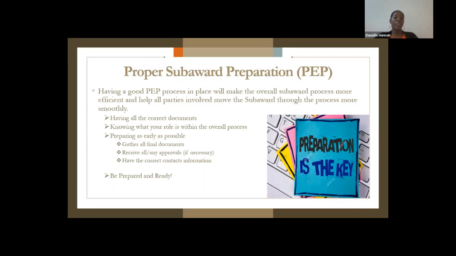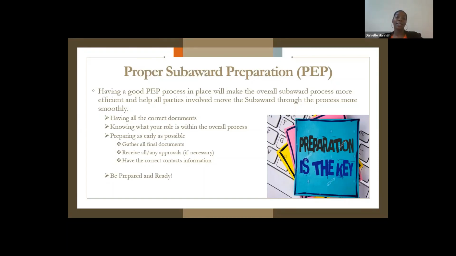We want to make sure everyone has their part and they are ready at the proposal stage and then through the life of the subaward. Preparing as early as possible is going to be key when it comes to subawards. Gathering all the final documents, receiving any and all approvals if necessary.